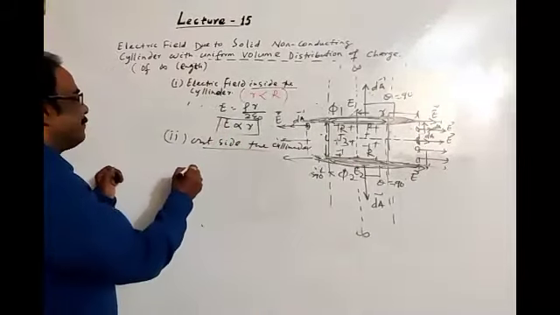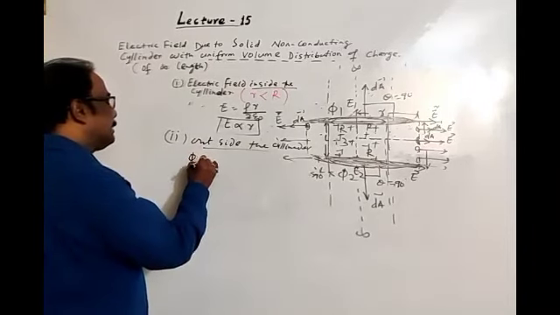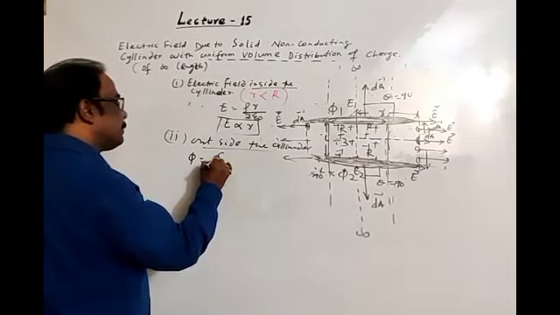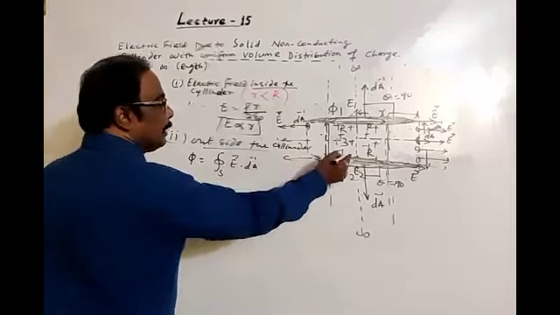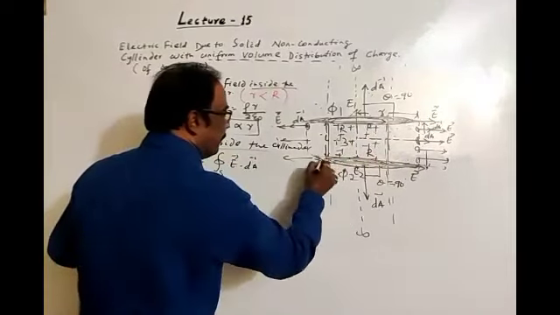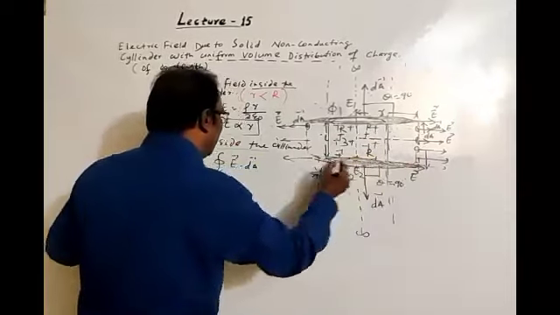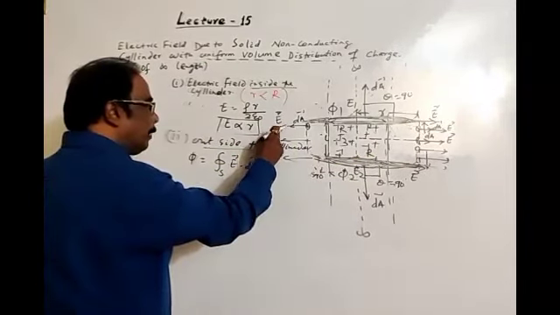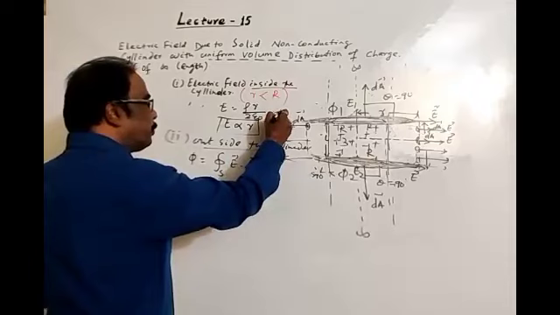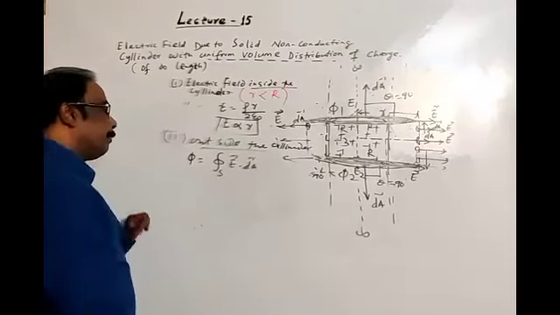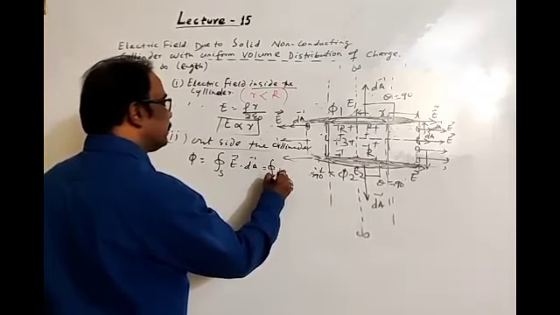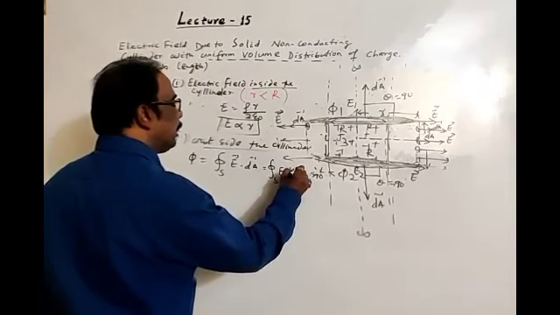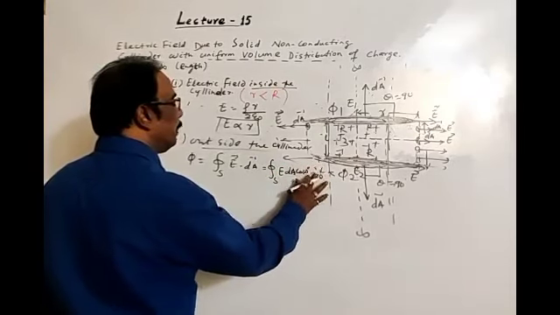As we know, flux is equal to the surface integral of E dot dA, and for surface 3, the angle between the electric field and the elemental area vector is 0 degrees since they are in the same direction. So this is the surface integral of E dA cos 0 degrees.